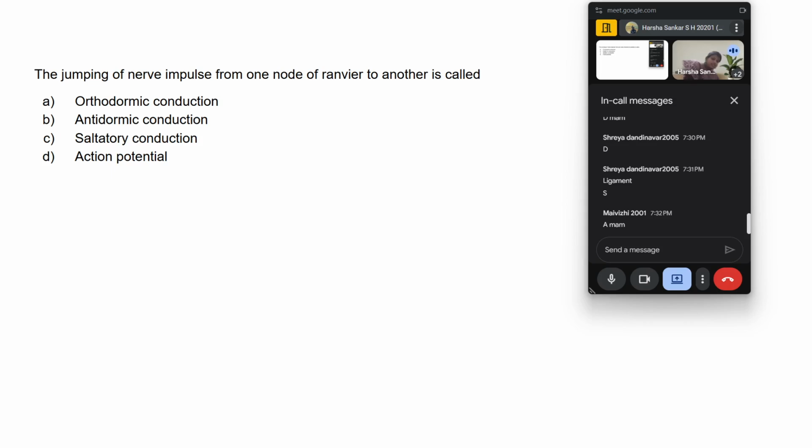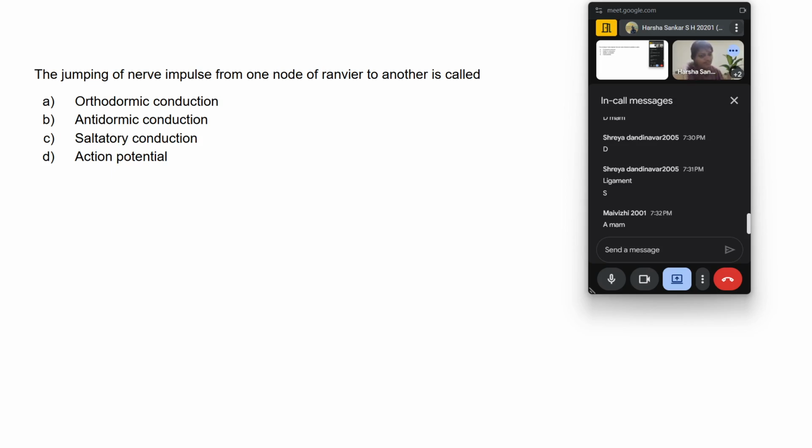The correct answer is saltatory conduction.